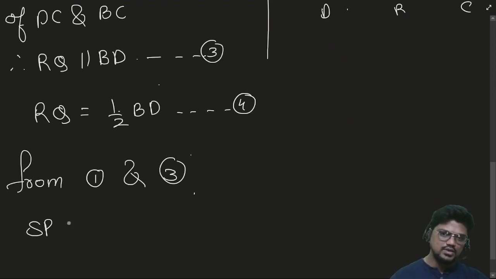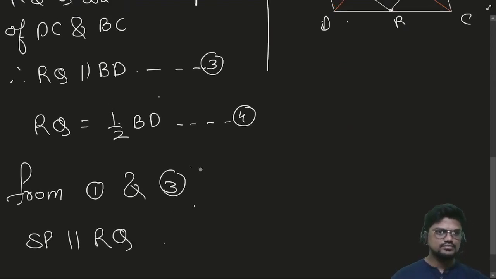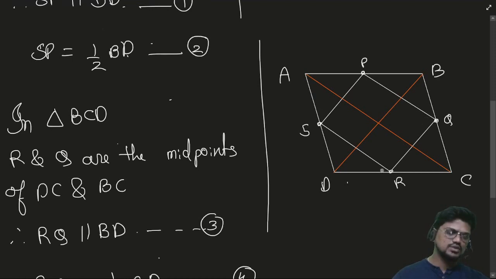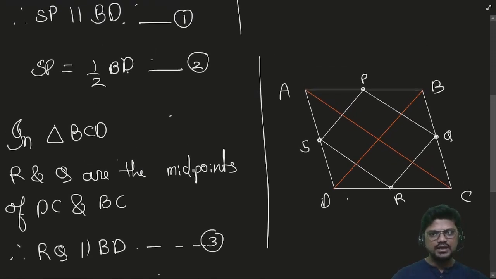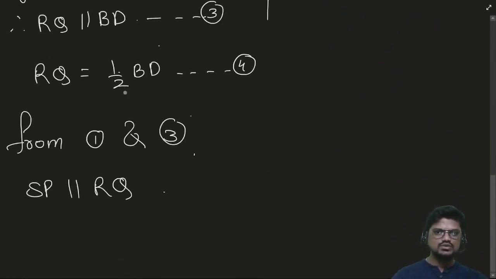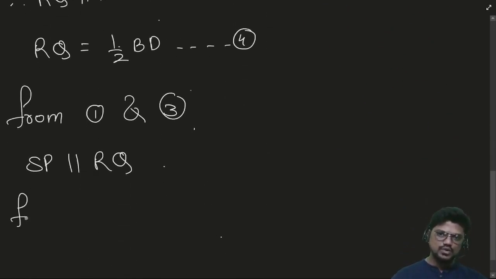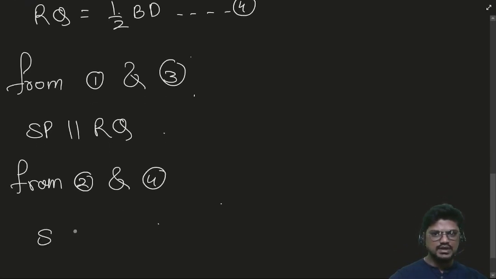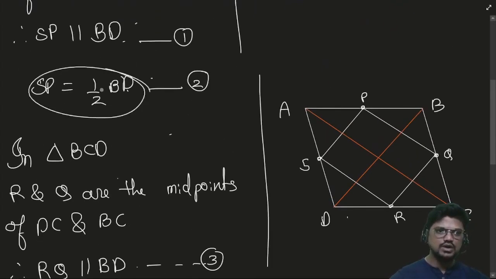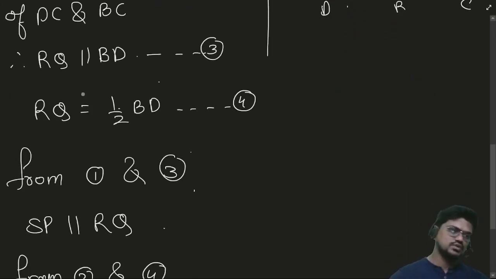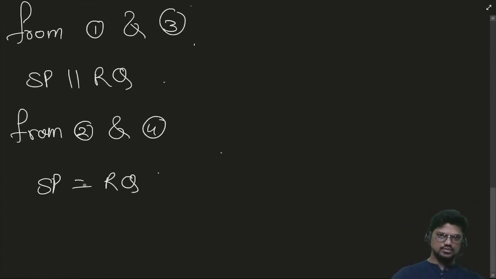Also, from 2 and 4, SP is equal to RQ. Why? Because SP is equal to half of BD and RQ is also equal to half of BD. So SP is equal to RQ.